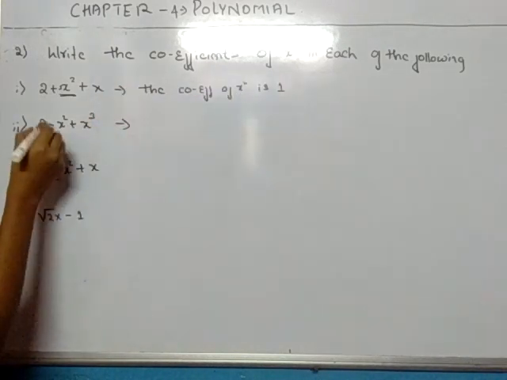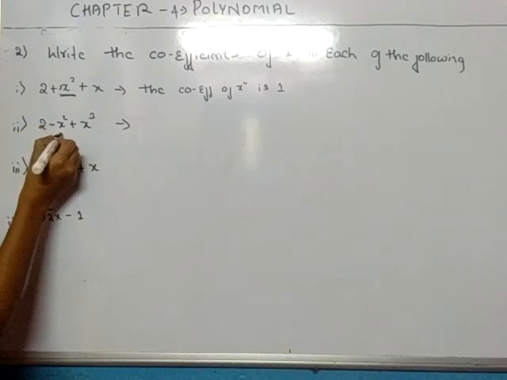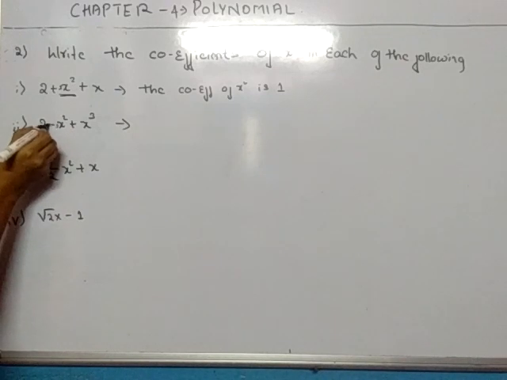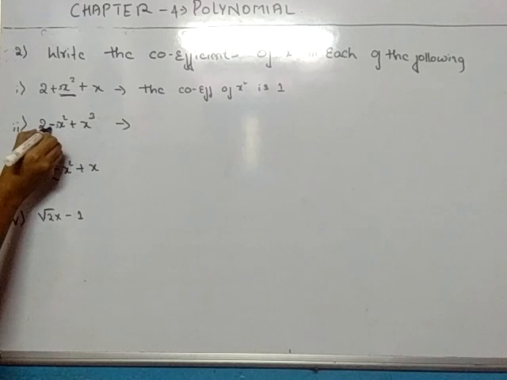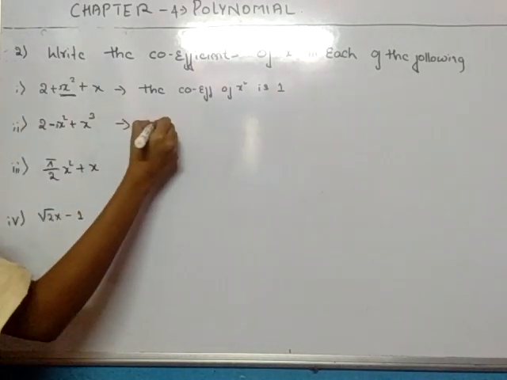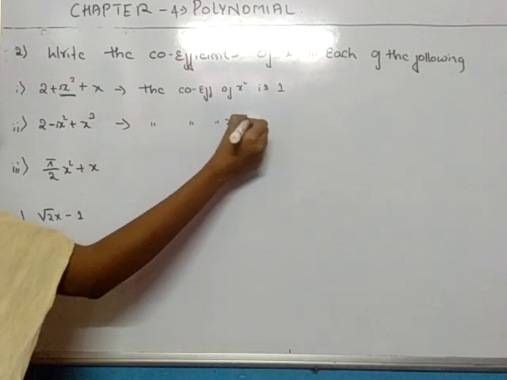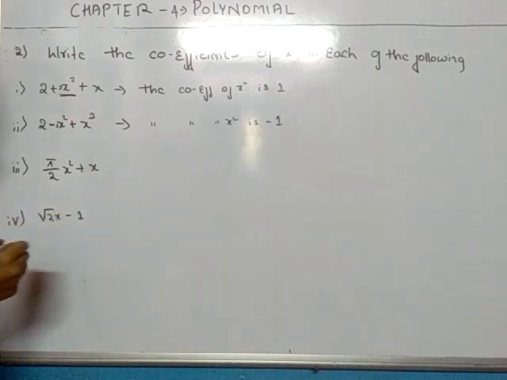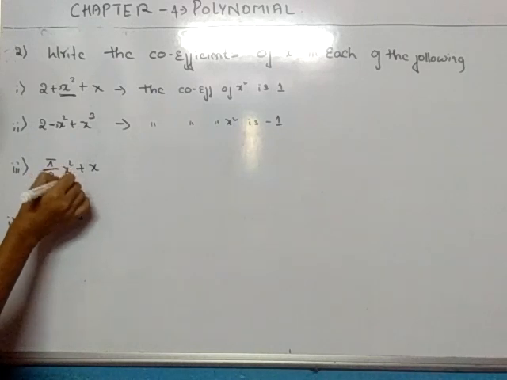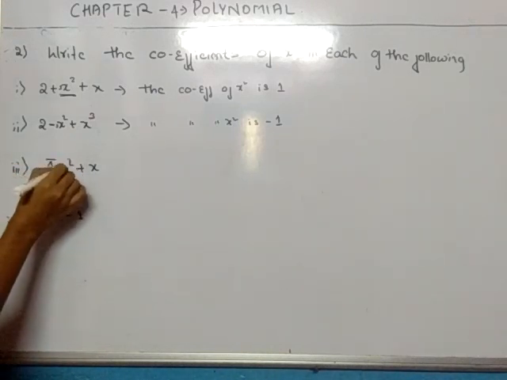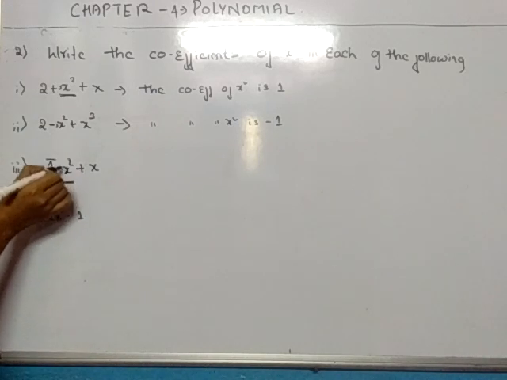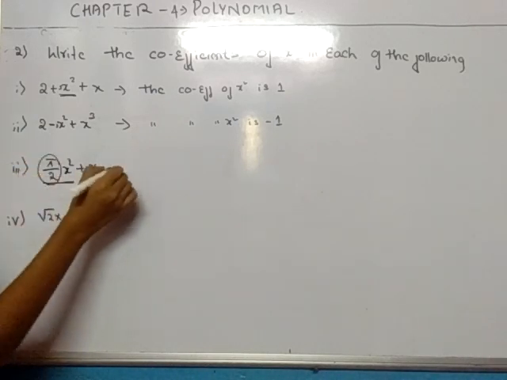And similarly here also, the coefficient of x square is 1, but here they have mentioned minus. Yes or no? So we have to include this minus also, meaning the coefficient of x square will be minus 1. And here x square is present, this is the x square term.